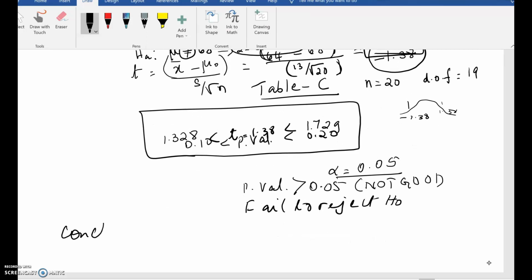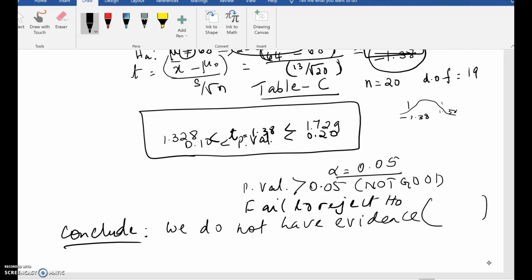So our conclusion is we do not have enough evidence. Write down your p-value, which lies between 0.10 and 0.20. Make sure it's in the right order, smaller first and then larger, that the average scores of this group is different than the national average. Finish the sentence, and that's your conclude part.